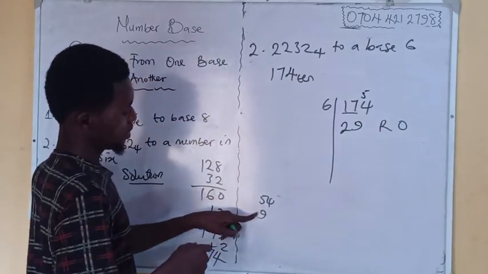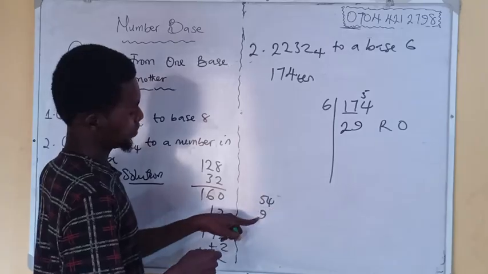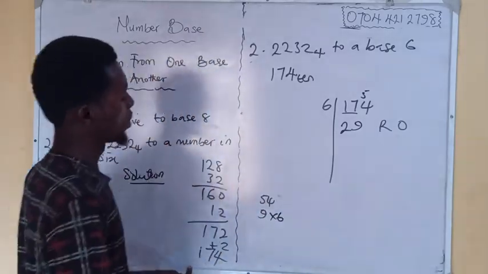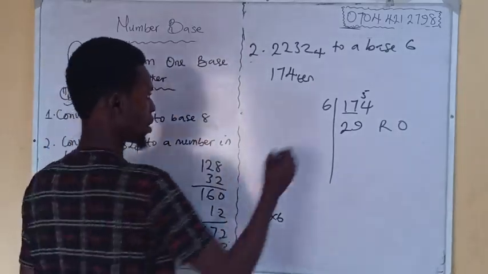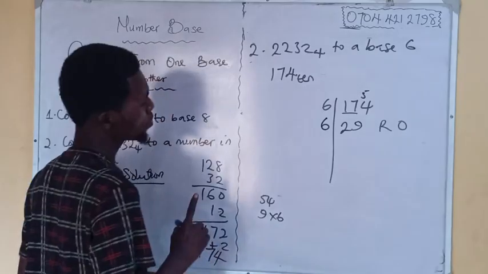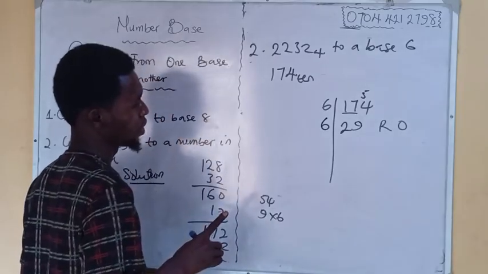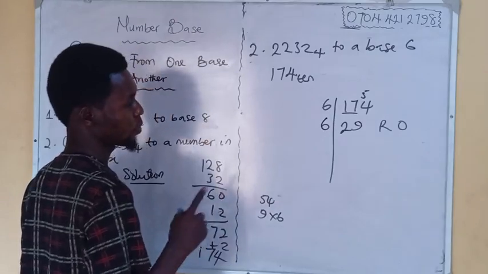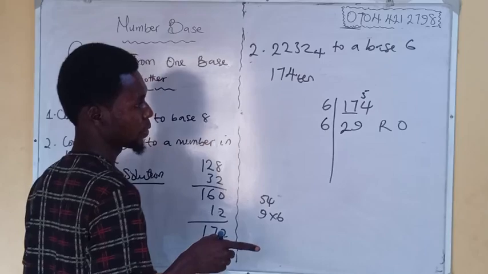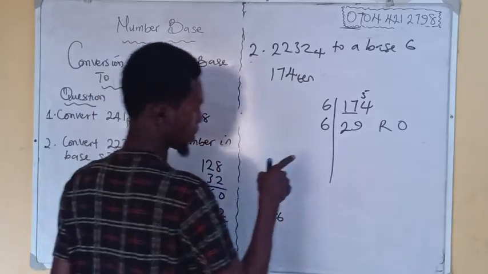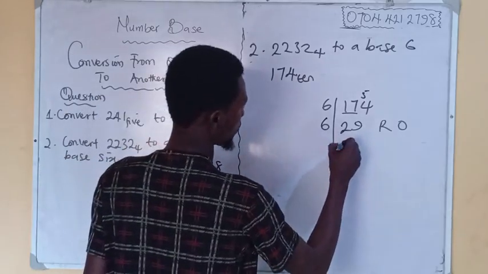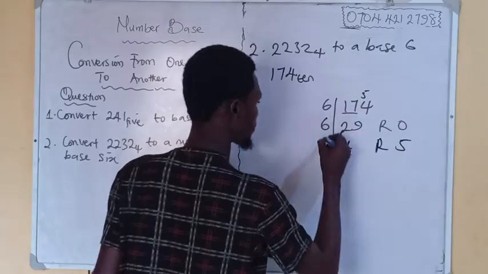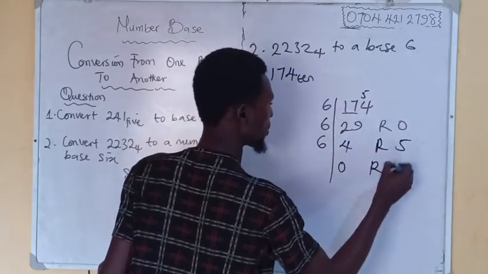Okay, so remember 0. 6 goes again, 6 goes into 29. 6 times 4 is 24, and 6 times 5 is 30. Okay, but 29, so 6 goes here 4 times, remainder 5. 6 goes here 0, remainder 4.